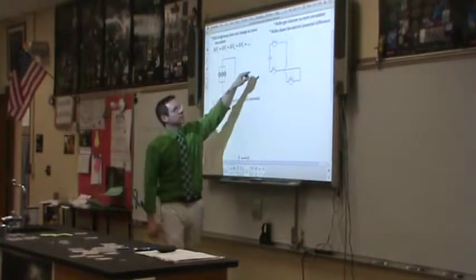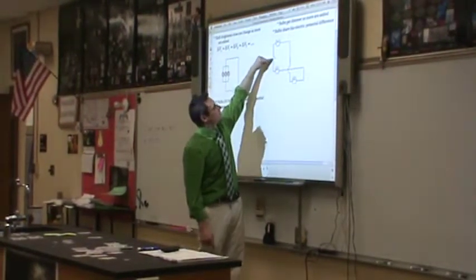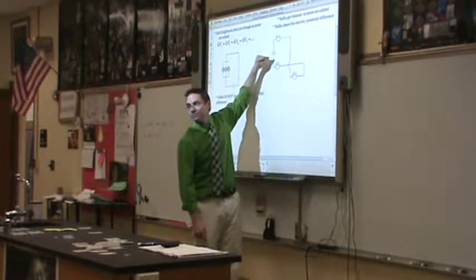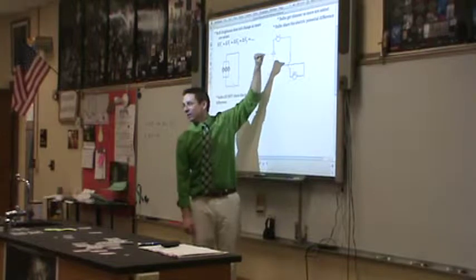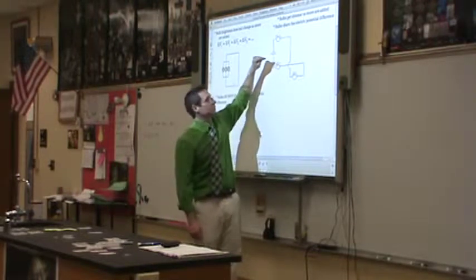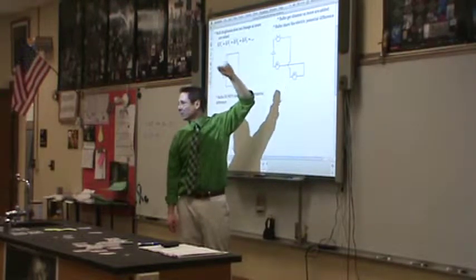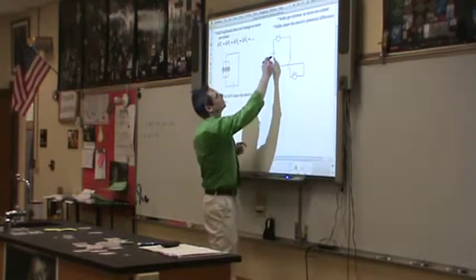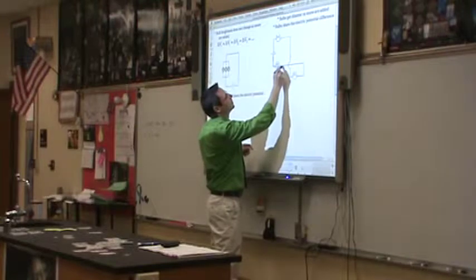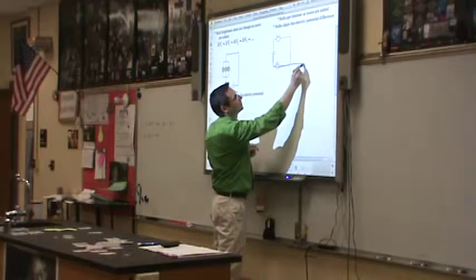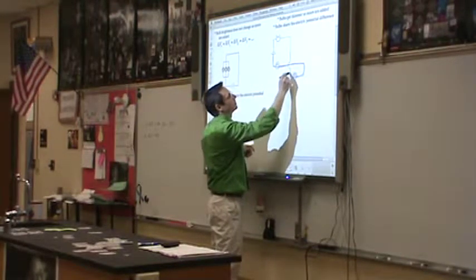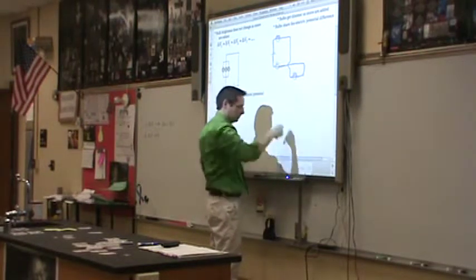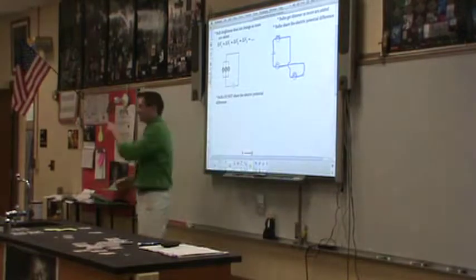Draw in the path. So the charge starts here or starts there? Top or bottom? Bottom. Yeah, based on the convention we're using, we said positive charge goes from high to low. And then under, over. Good. All right, black 6.